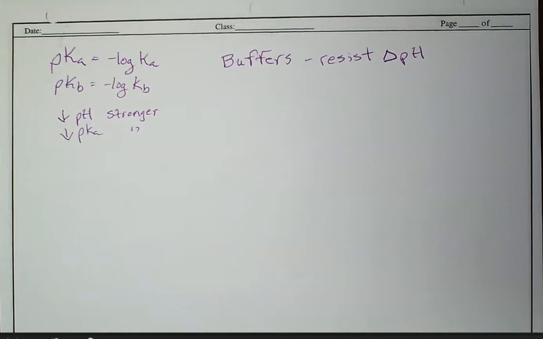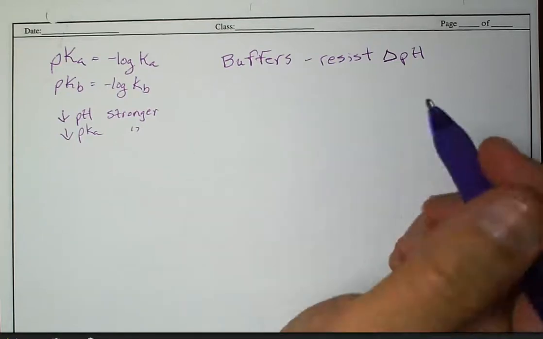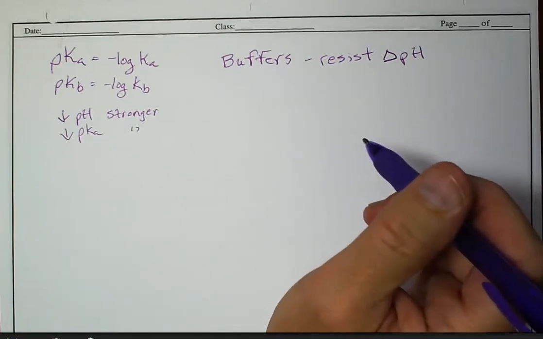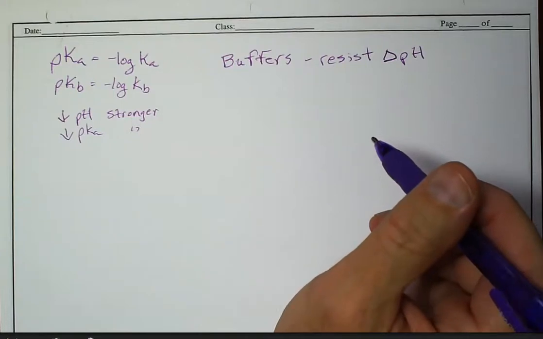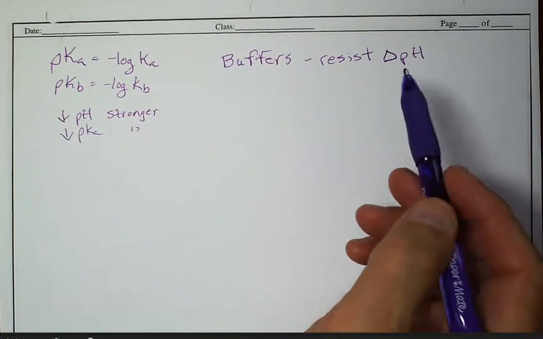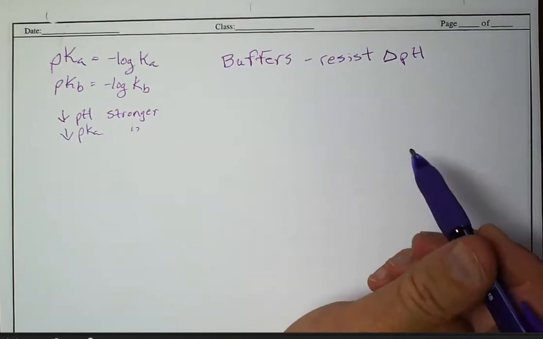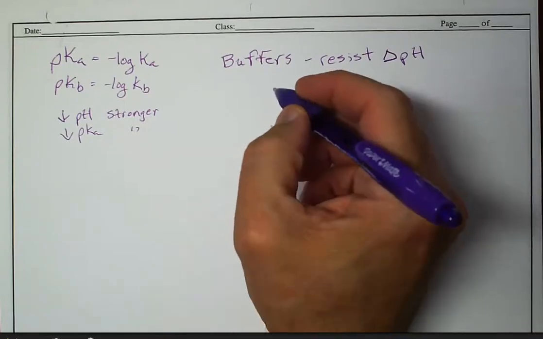My intention is to do a demonstration of this for you. It's something we normally do in lab, but I will hopefully make a video of that soon and probably post it as a lab for you to record some information about it. So buffers resist change in pH.